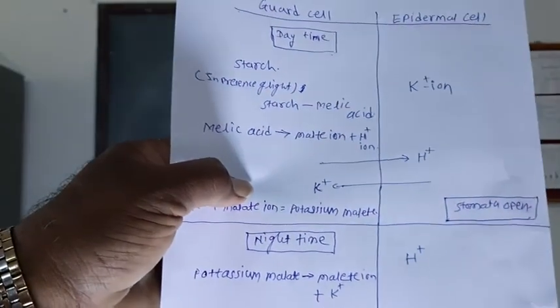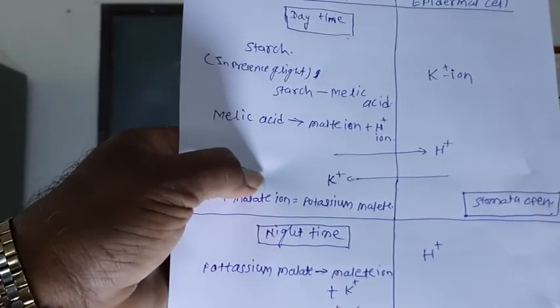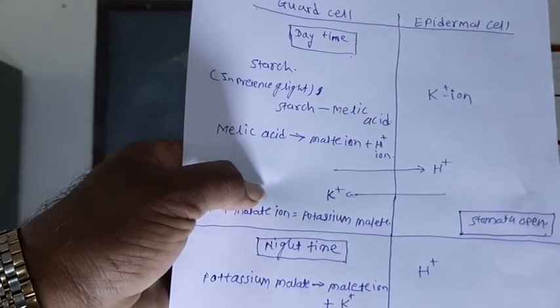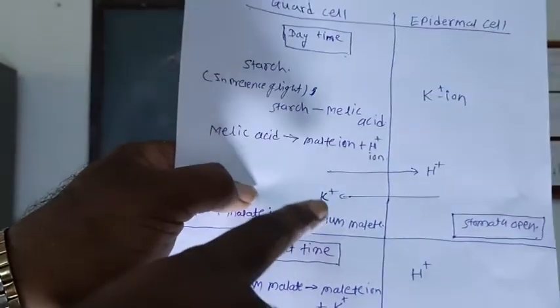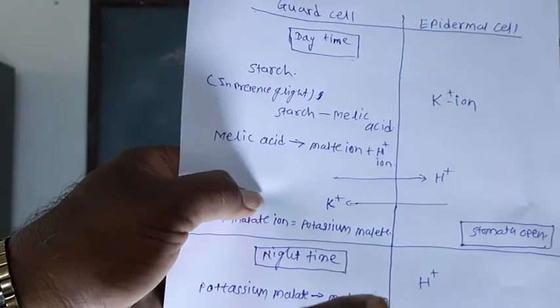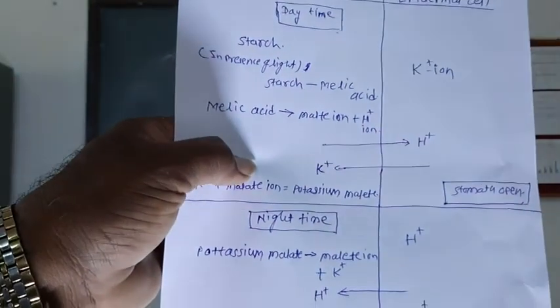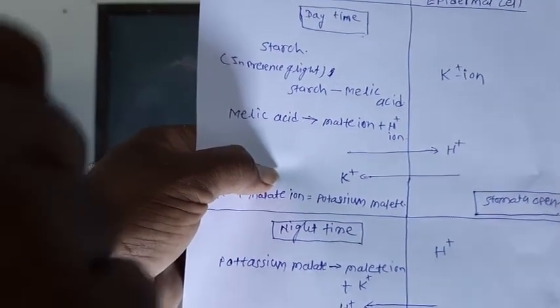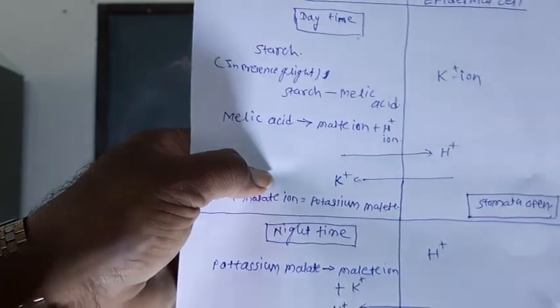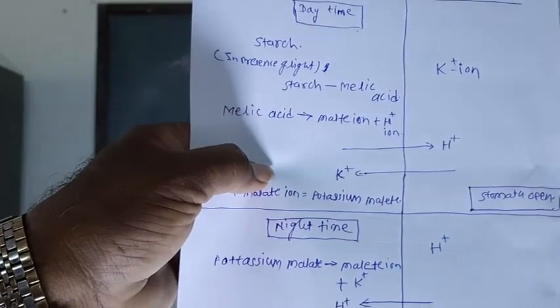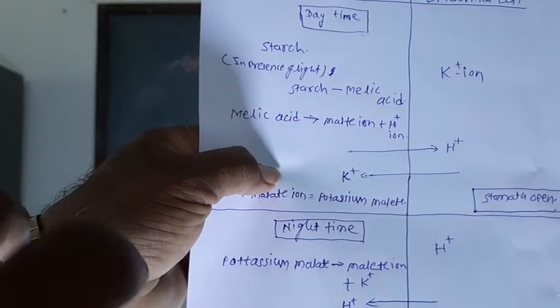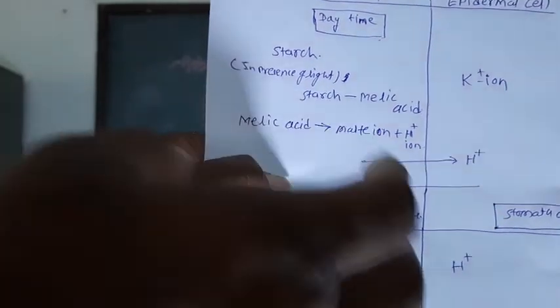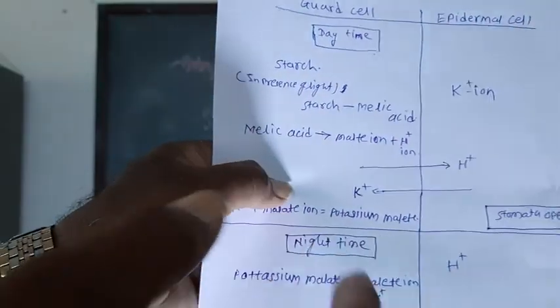Potassium malate is soluble in water and dissolves in the cytoplasm of the guard cell, and the osmotic pressure of the guard cell increases. As the osmotic pressure increases, water enters the guard cell, the guard cell becomes turgid and stomata get open.